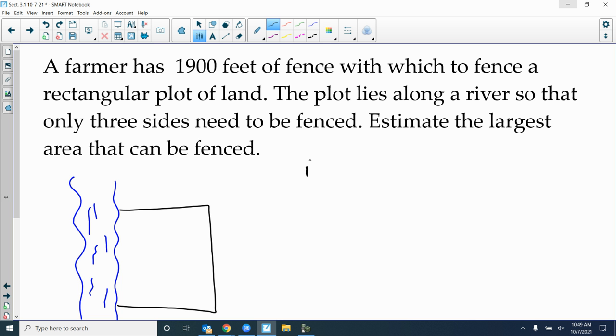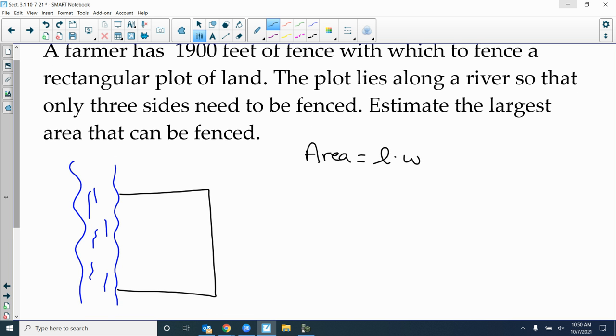So we're dealing with area. Area of a rectangle is still length times width. You're going to have to come up with some type of equation. Any ideas?